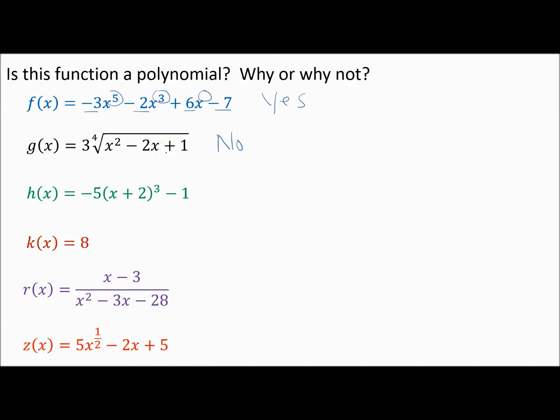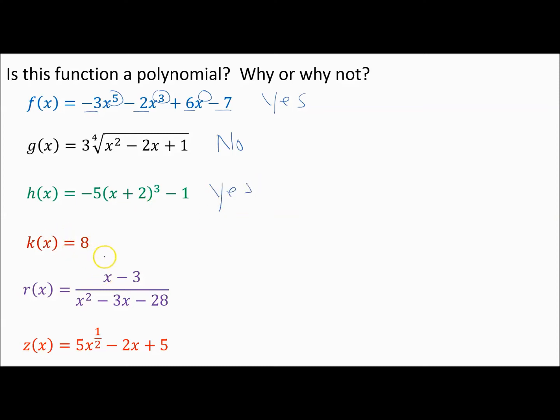It is, even though it has these parentheses. You could expand that by multiplying x plus 2 times x plus 2 times x plus 2 and distribute the -5 in, and you would have a polynomial because it's all x to some whole number power. You're not going to have a fractional exponent. You're not going to have a square root in the problem. You're not going to have a negative exponent. So this is definitely yes.